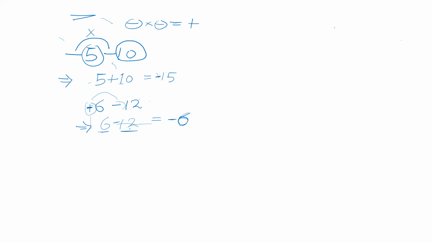So we assign the sign of the greater number to our answer here. Solve a few questions and this concept will be clear. Okay, solve this: minus 6, minus 9. Solve this in your copy.